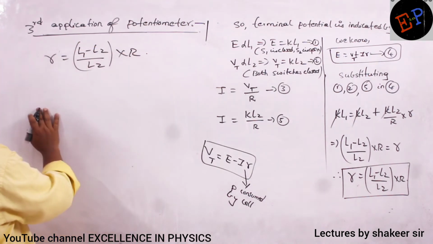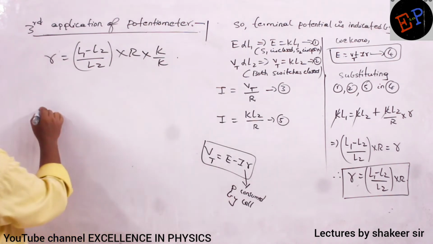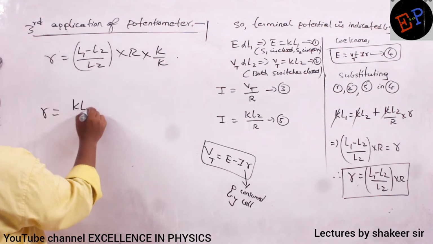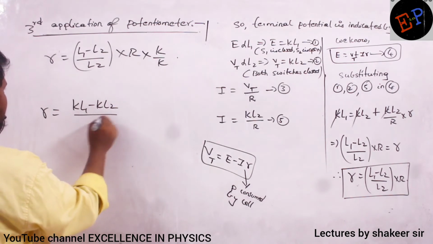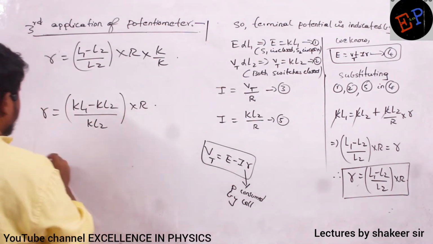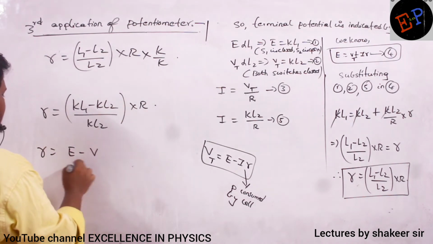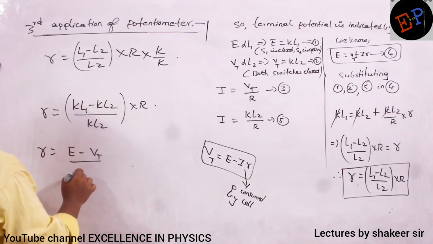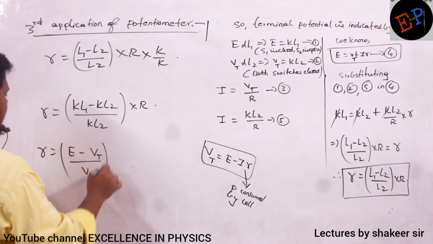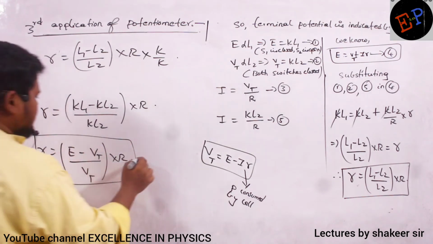Now multiply everything by K and K, so K by K. Therefore we get (KL1 minus KL2) divided by KL2 multiplied by capital R. KL1 is nothing but the EMF. KL2 is nothing but the terminal potential. So this is my second equation to calculate internal resistance.